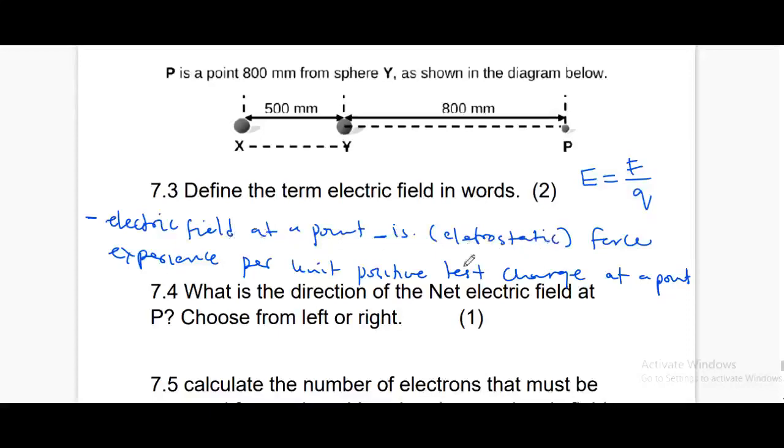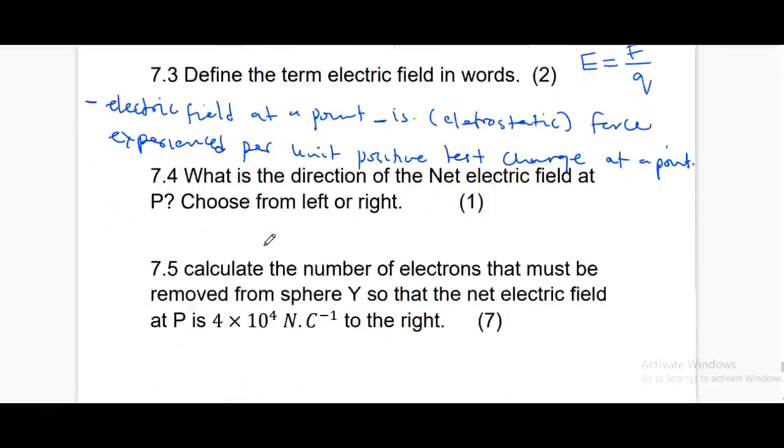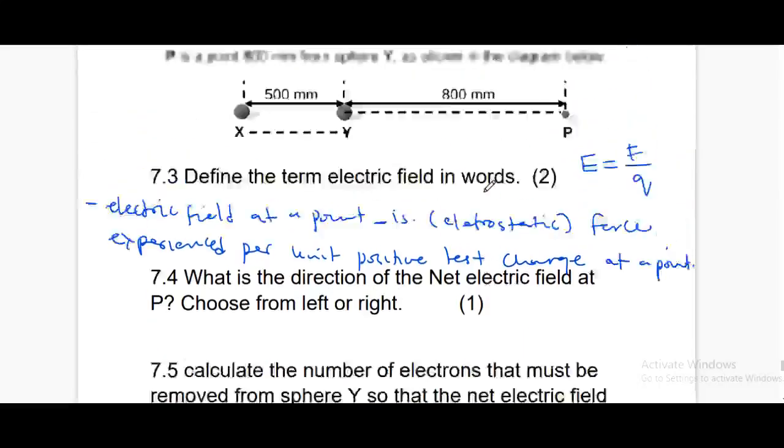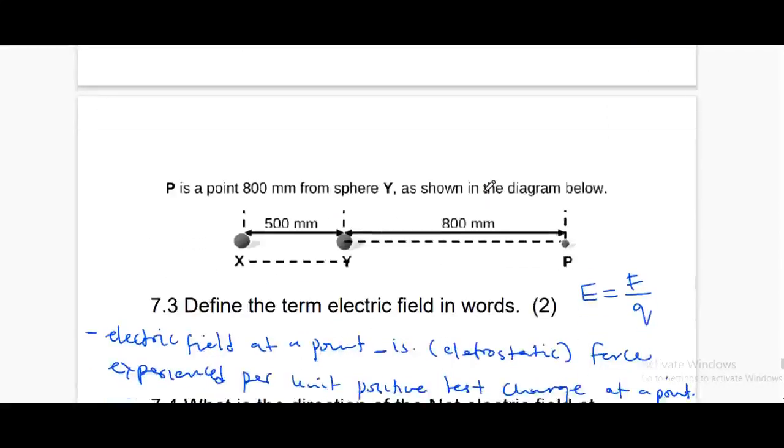It is electrostatic force experienced per unit positive test charge at a point. So what is the direction of the net electric field at P? Choose left or right.